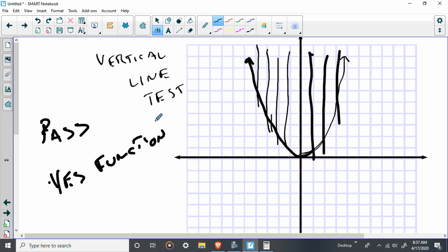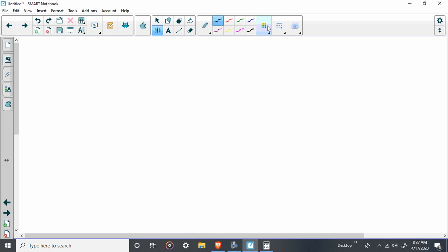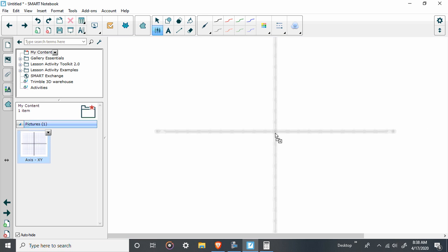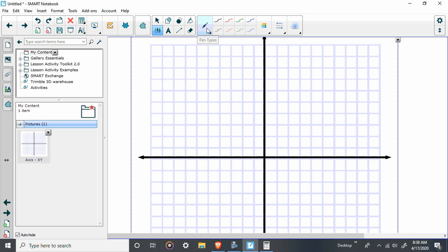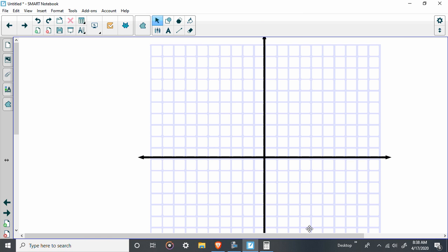Okay. Sometimes they might just give you guys a whole bunch of points, right? So let's take a look at a couple different things. Okay, so what if I turned that same shape sideways? And I said, is this a function?